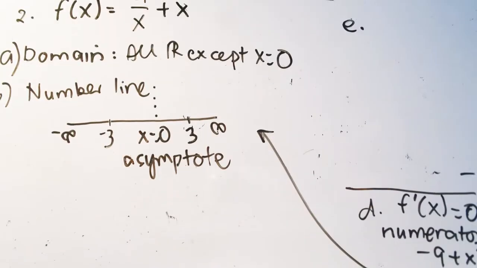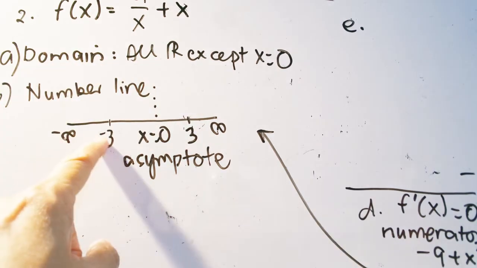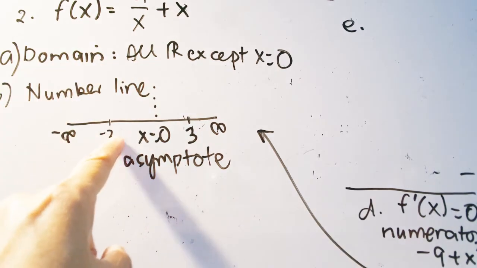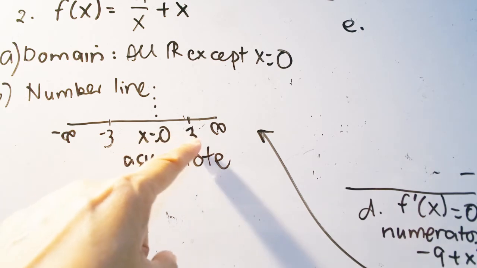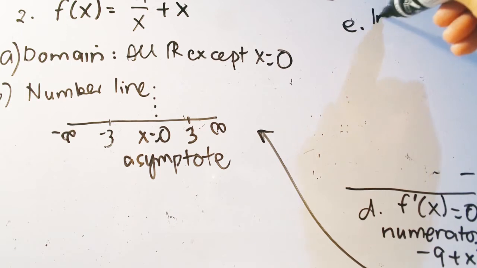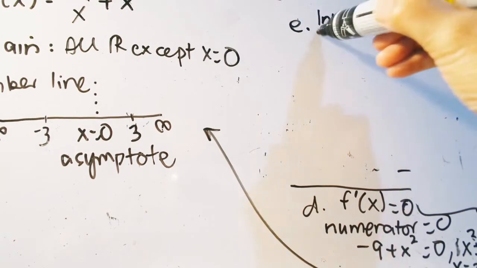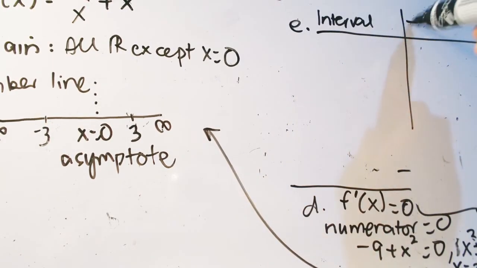So from here, what can we see? There are 4 intervals. Minus infinity to minus 3 is one interval. Minus 3 to 0 is another interval. 0 to 3 is another interval. 3 to infinity. So there are 4 intervals altogether. We have the test point, the f prime, not f double prime, f prime of x for increasing, decreasing.